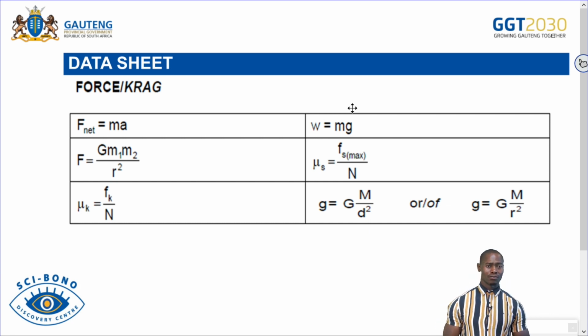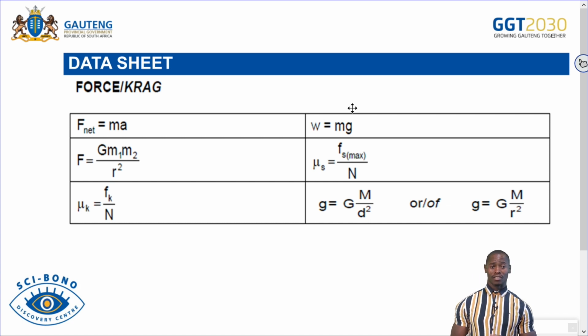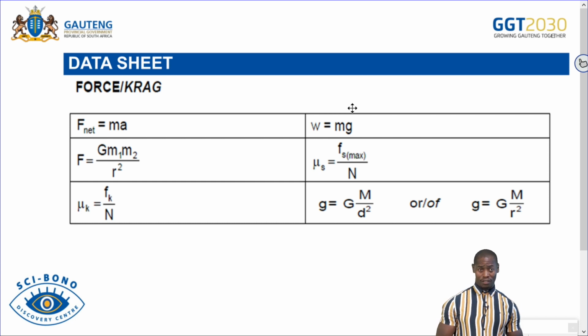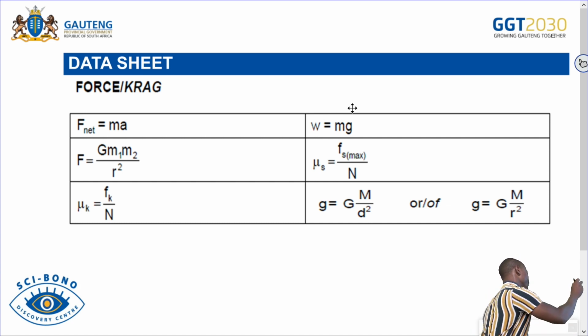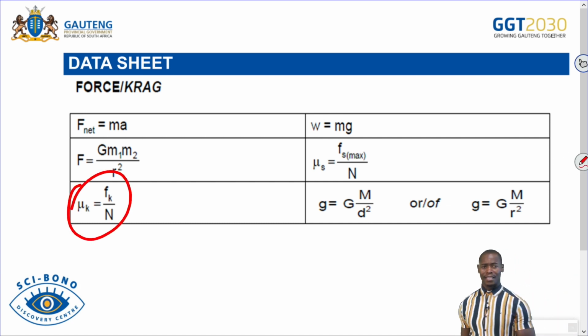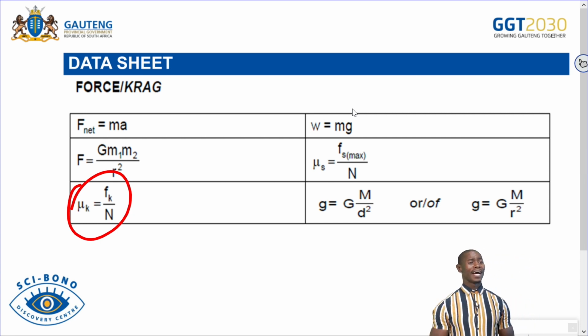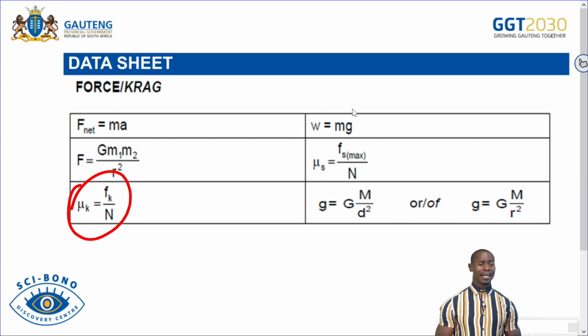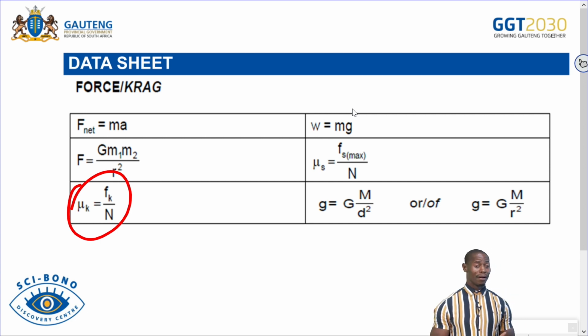Mu s equals f s max over N, which is the coefficient of static friction, equals maximum static friction divided by the normal force. And also mu k equals f k over N, where mu k is the coefficient of kinetic friction, f k is the kinetic friction, and you divide that by N, which is the normal force, right?